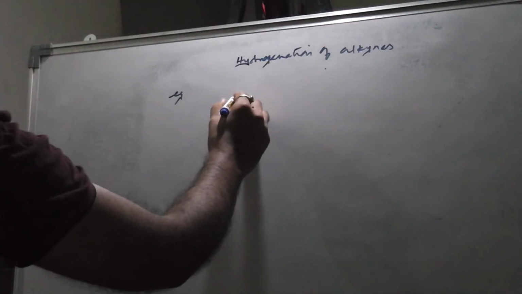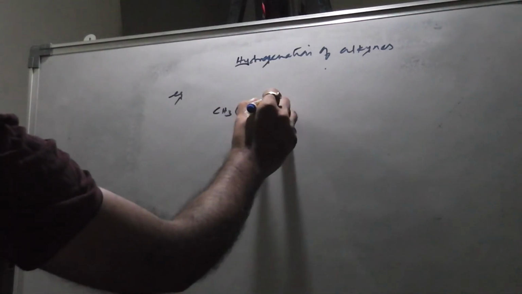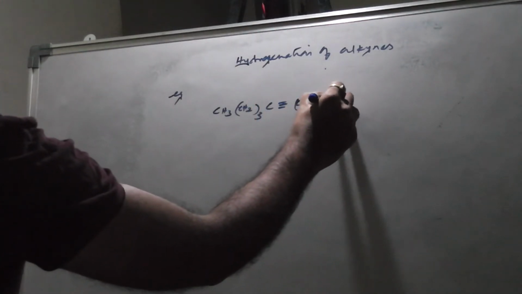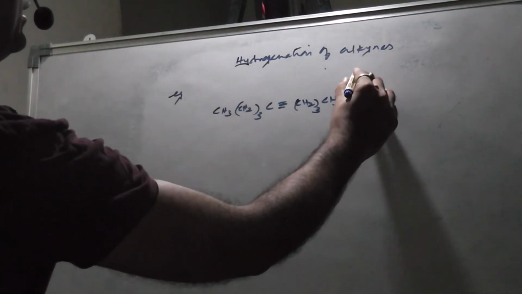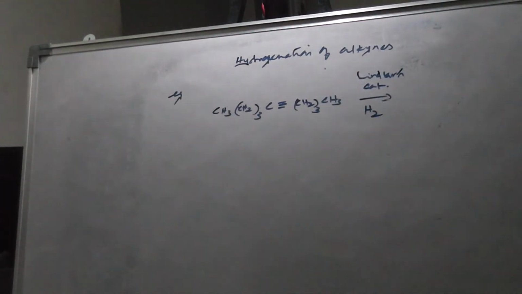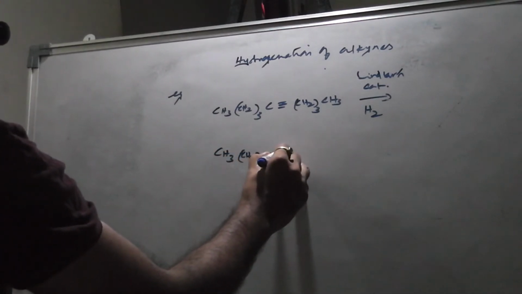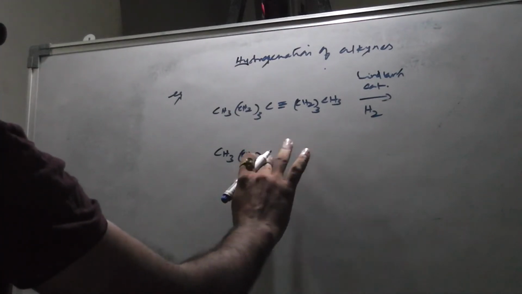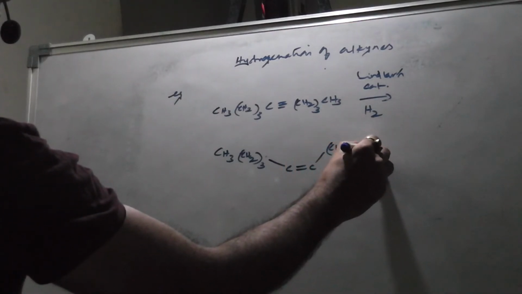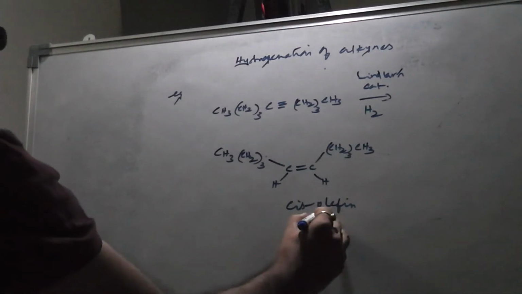For example, CH2 triple bond C, CH2 thrice, CH3 using Lindlar's catalyst and hydrogen gives C double bond C, CH2 thrice, CH3, cis olefin in 87%.